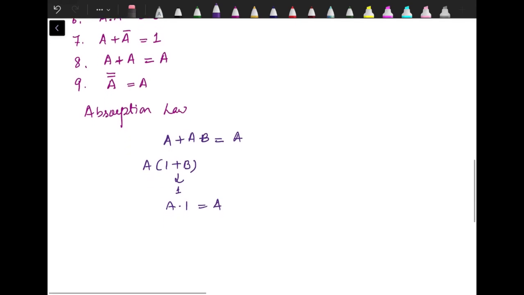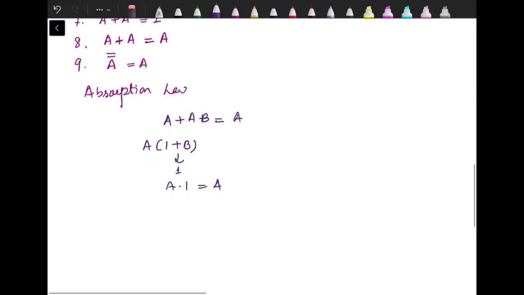Similarly, another law is there, A plus B into A plus C is same as A plus BC. Now, how it comes, we can just check it.